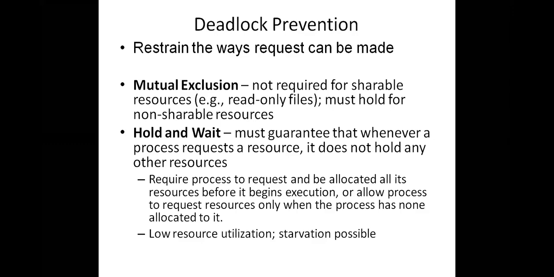But we are waiting for all the total 10 resources in order to avoid hold and wait. So because of that reason, it may create a problem called low resource utilization. Either you need to allocate all the resources, or allow the process to request resources only when the process has none allocated to it. That means two things you need to observe here.